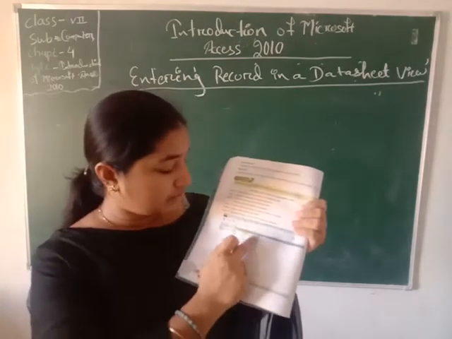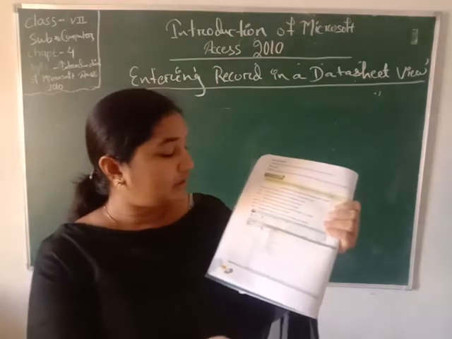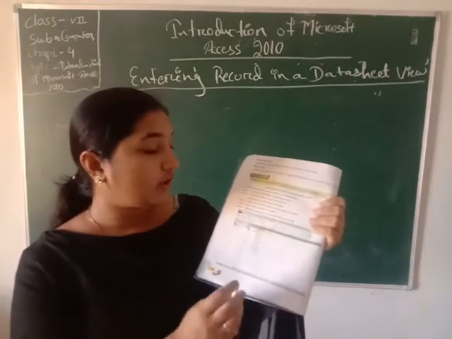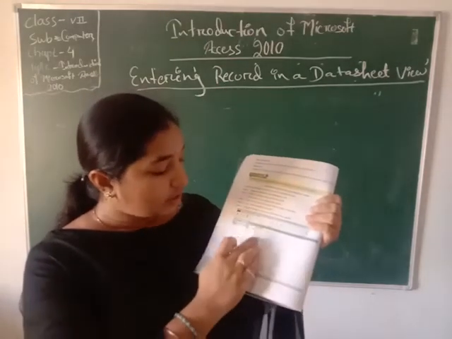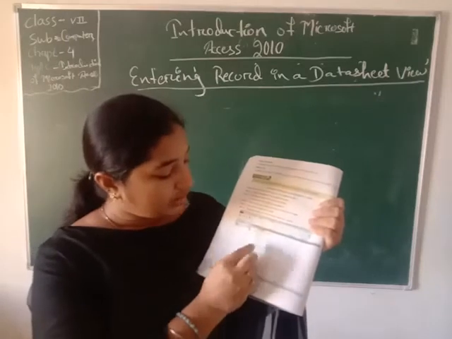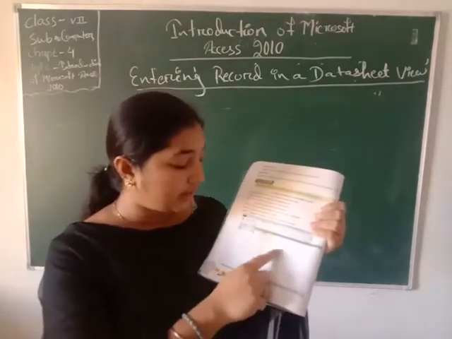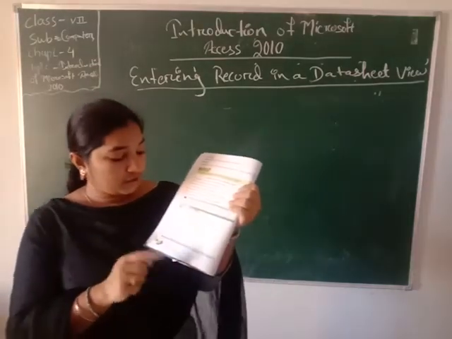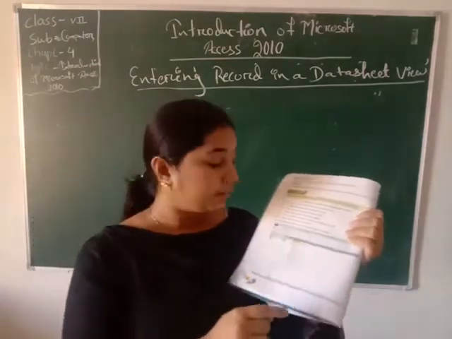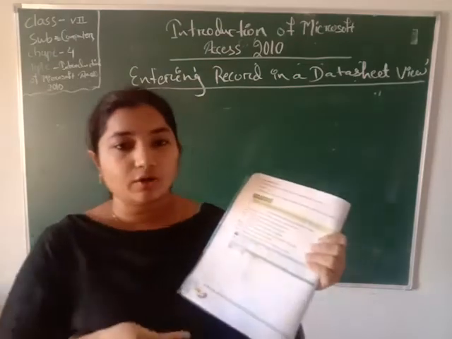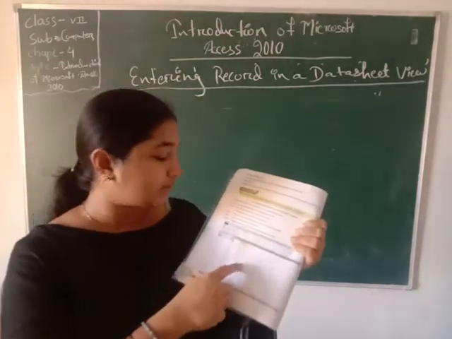After that, click on the type of data you want to enter in the field. Means we have to click here what type of data we want to insert, in text or in number or in currency or in date and time. What types of data we want to give, we have to select on this.